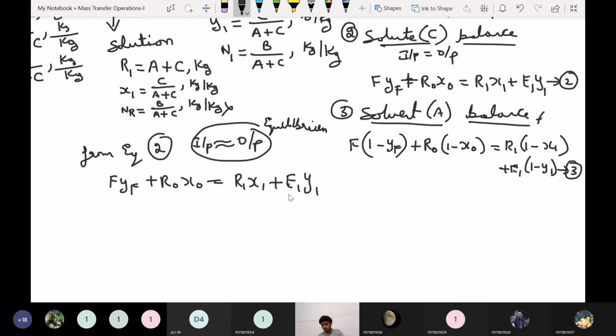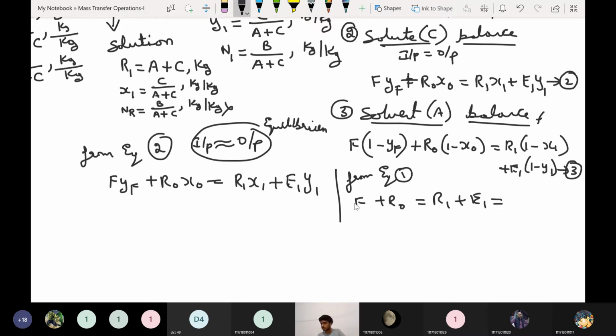Some midpoint or mixed point it will reach. So from equation 1, F plus R naught is equal to R1 plus E1. When the input and output streams are mixing, they will reach some midpoint or mixed point.